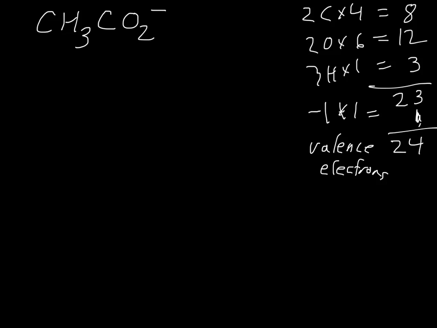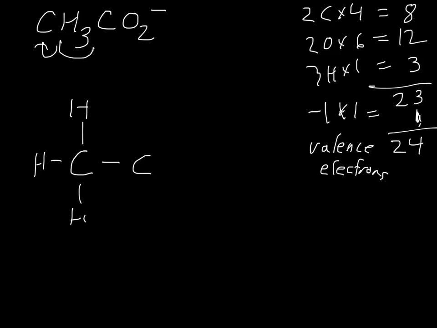So we're going to draw our skeletal structure. Notice how our 2 carbons are separated, a sign that we have a carbon-carbon chain. So we're going to make 2 central atoms carbon. Then we're going to connect things to the carbon. Remember, a carbon can only be connected to 4 things. And I see these 3 hydrogens here next to that carbon, so I'm going to place 3 hydrogens around that carbon.